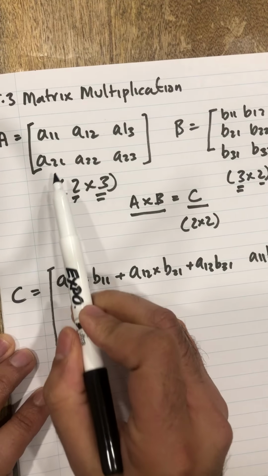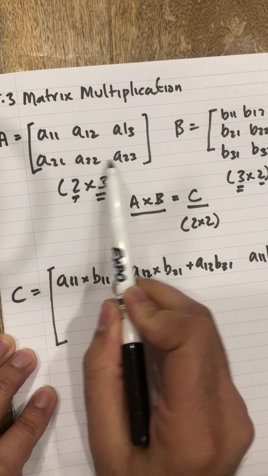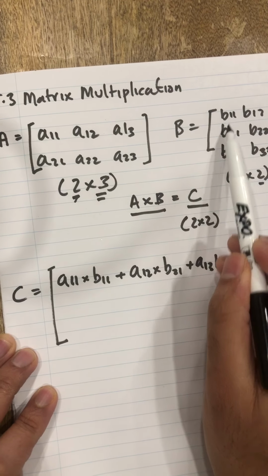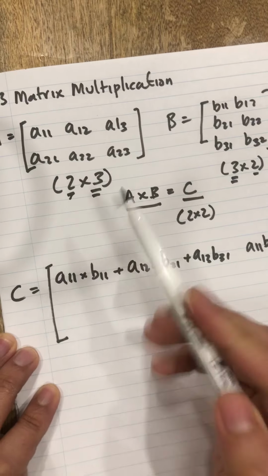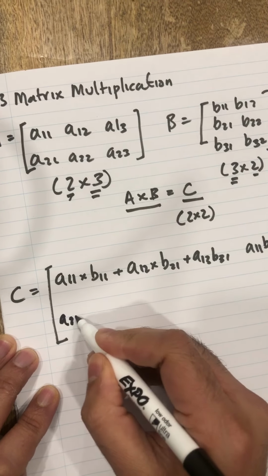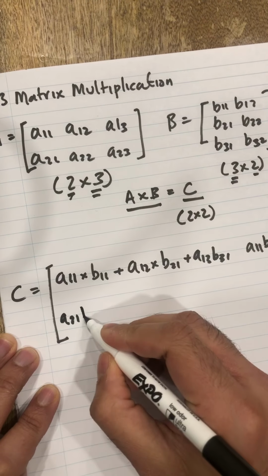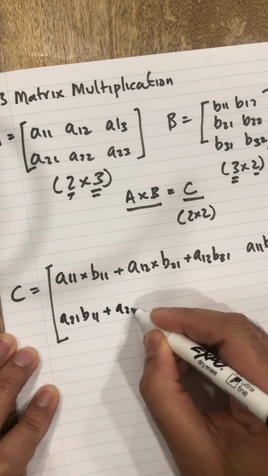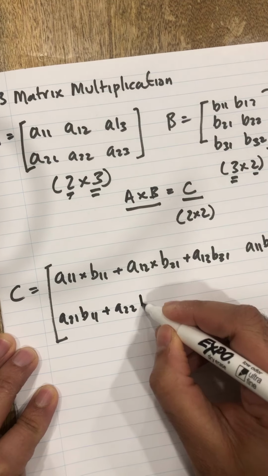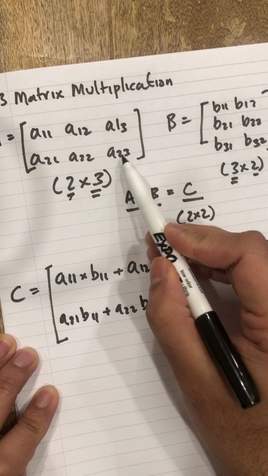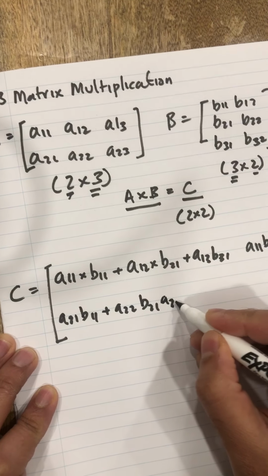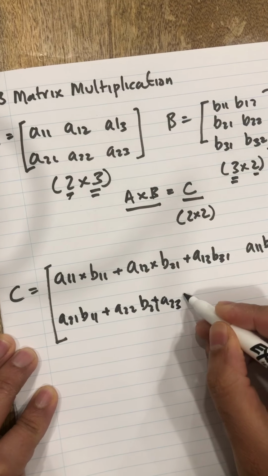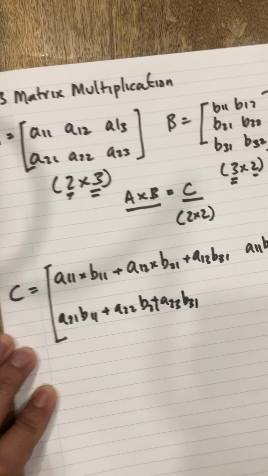And similarly, now you have to take this row and multiply it with this column. So A21 into B11 plus A22 into B21 plus A23 into B31.